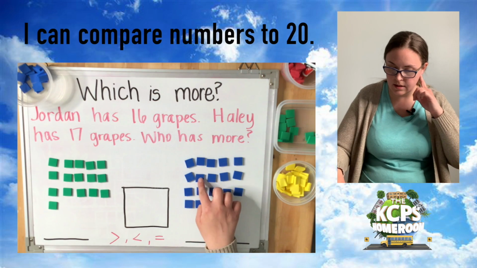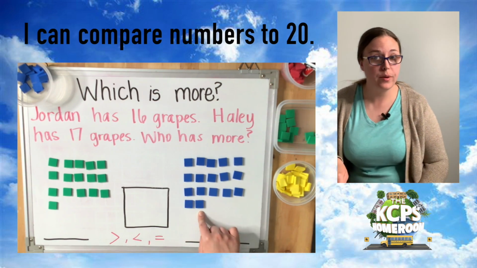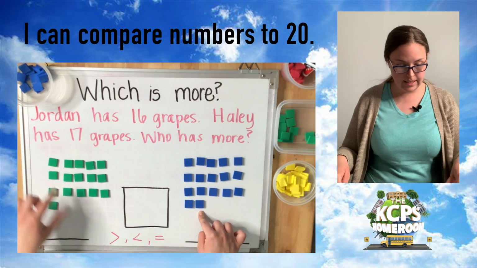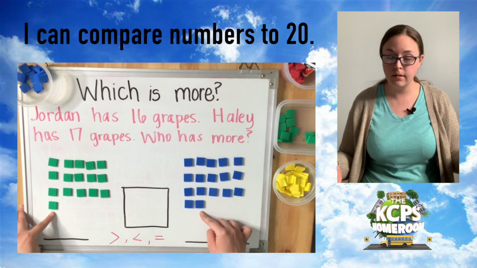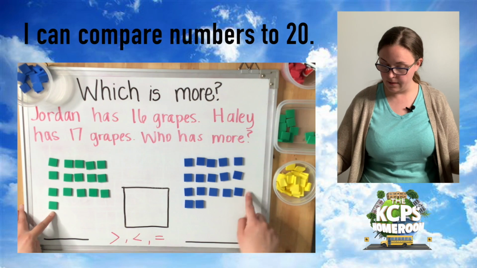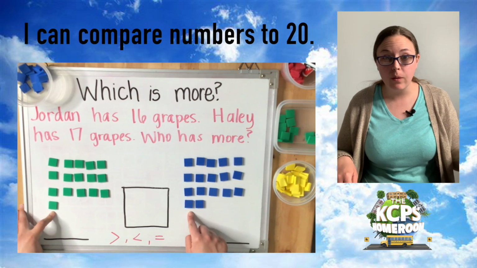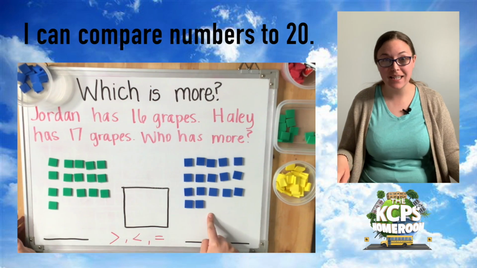If you listened to me count, you heard me count higher with Haley's grapes, right? Jordan has 16. He has 3 rows of 5 and 1 row of 1. Haley has 17. She has 3 rows of 5 and 1 row of 2. Who has more? That's right, Haley has more.